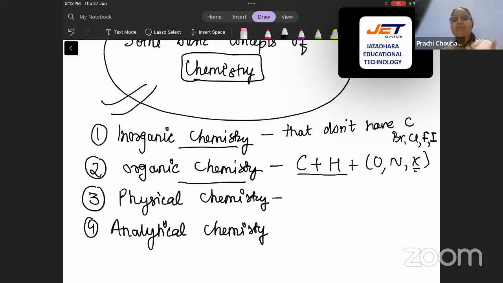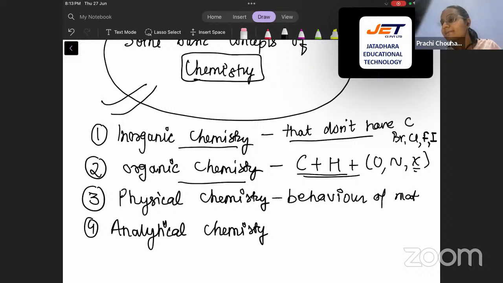In physical chemistry, we will be learning about the behavior of these compounds, the inorganic and the organic compounds. So here we will be learning about the behavior of materials. And the fourth one is analytical chemistry, which I think might be new to you, right? Some of the students might be hearing this word for the first time.